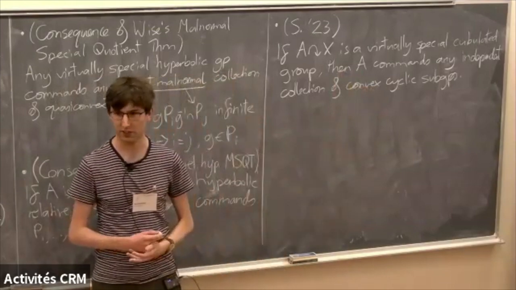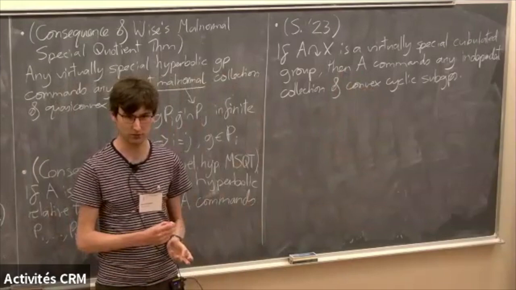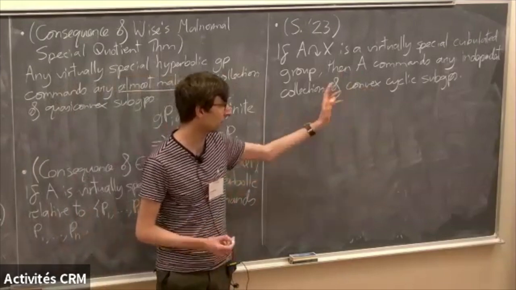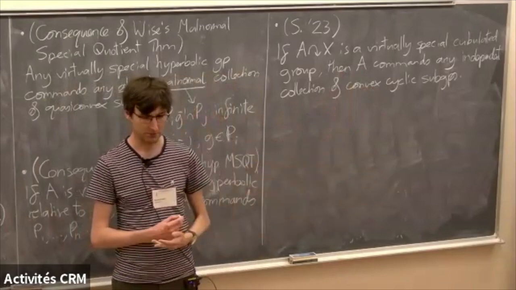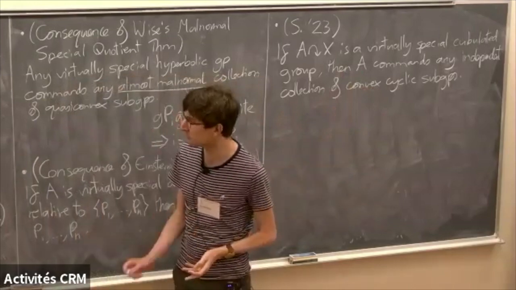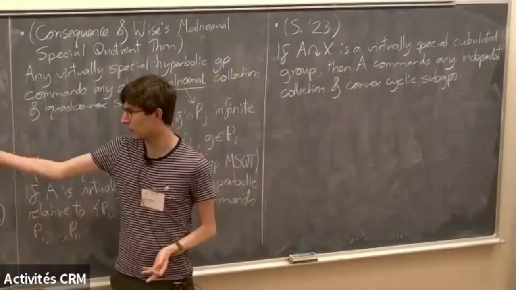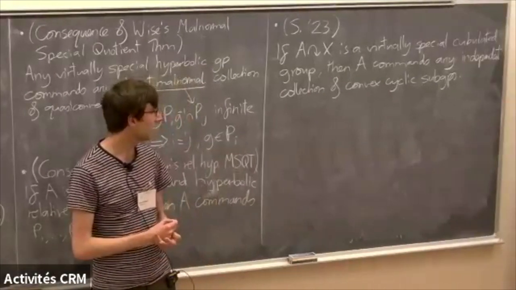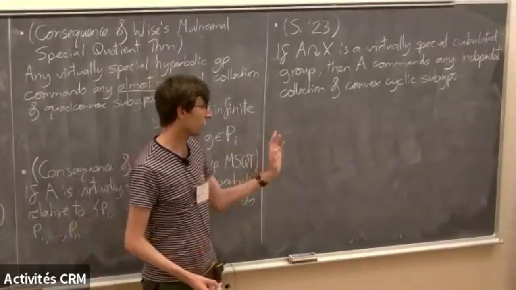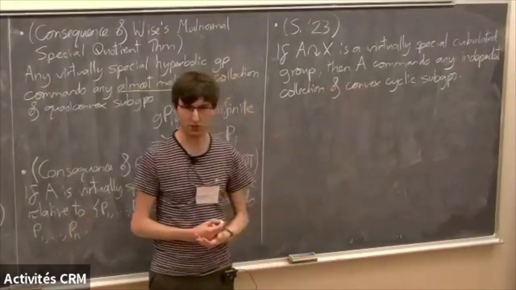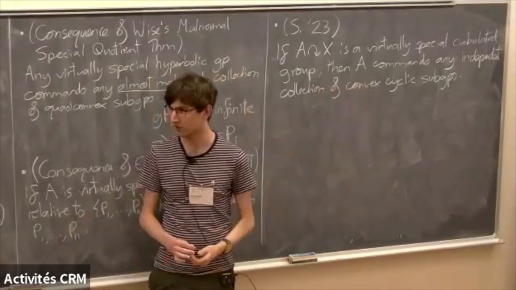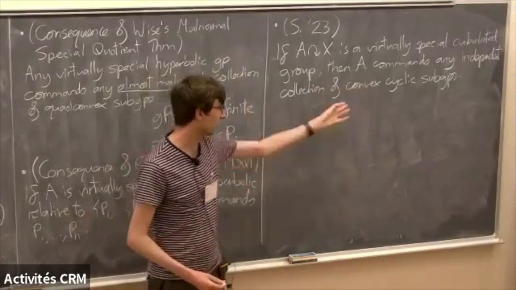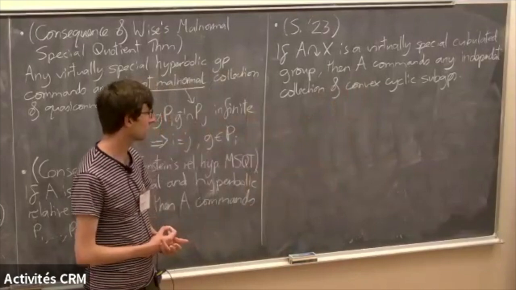For instance, if you take Z squared with the usual cubulation, and you take a collection of 3 independent subgroups, then it will not command them because you will have some linear dependence between these 3. But of course, in that case, they cannot all be convex. At most 2 cyclic subgroups of Z squared can be convex. So you do need convex here.